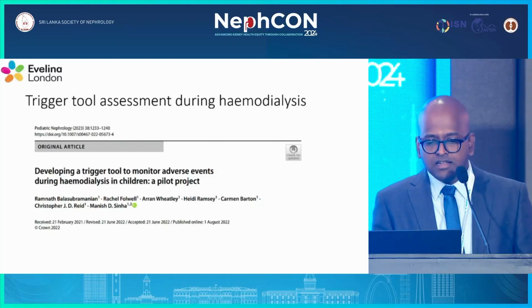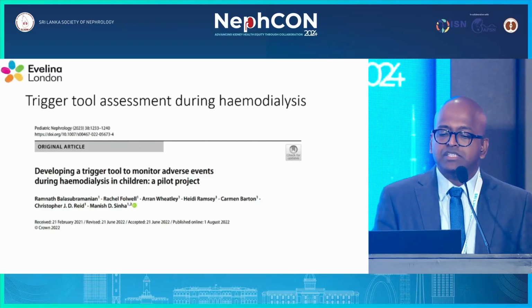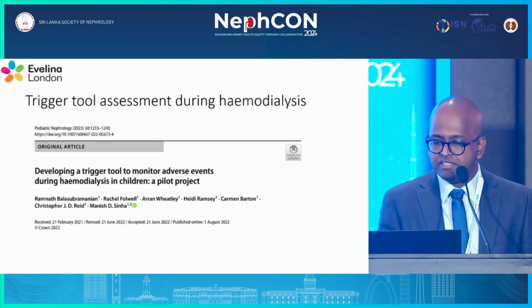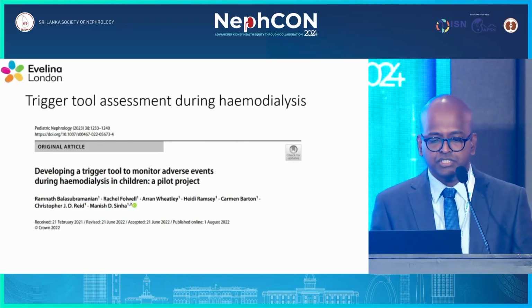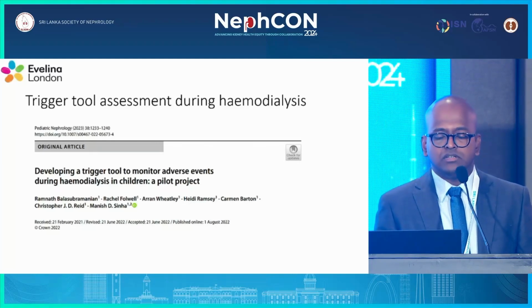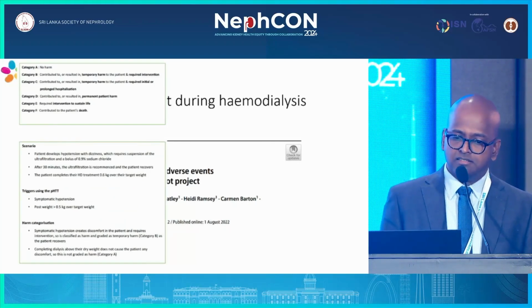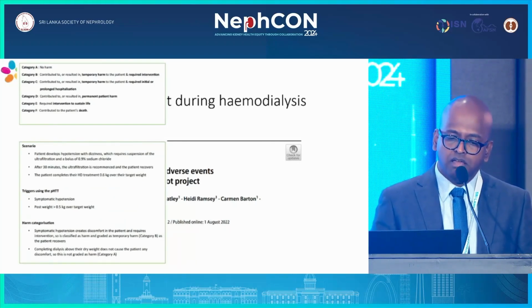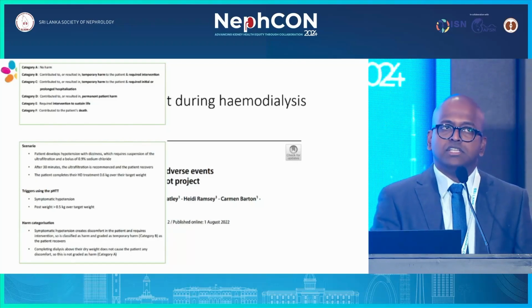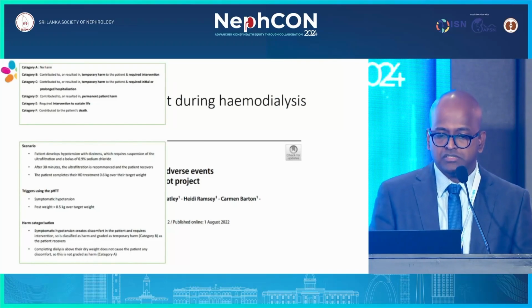So this is another pilot study done by Evelina last year: developing a trigger tool to monitor adverse events during hemodialysis in children. It was a pilot project identifying several triggers during the hemodialysis and categorizing them into 6 domains, A to F, ranging from no harm to significant harm to the patient, like death.